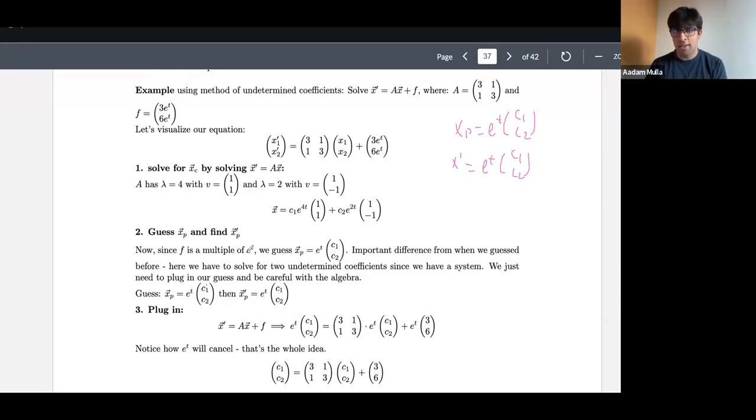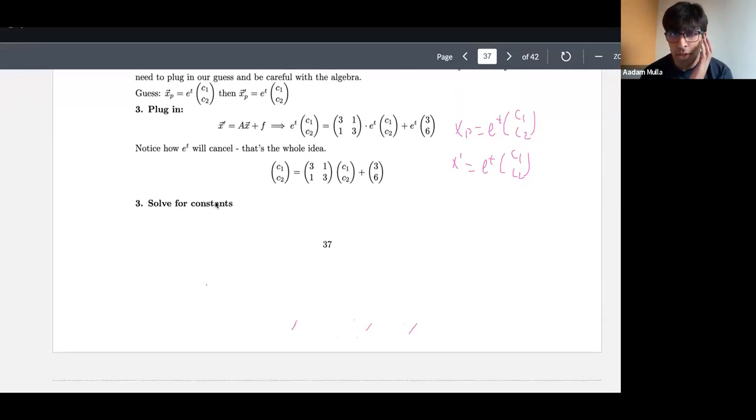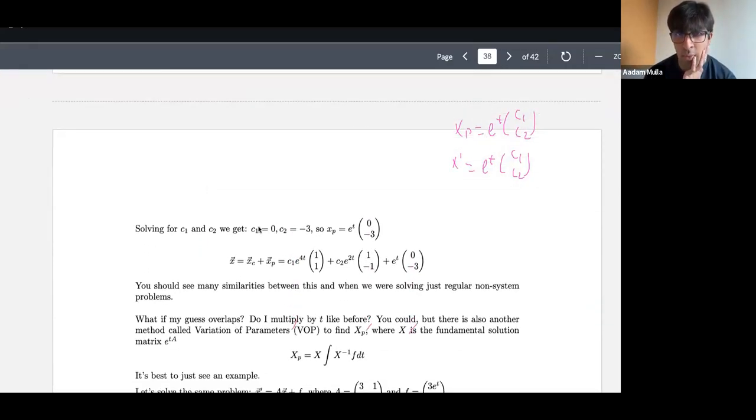Remember, our f was right here. We can factor out an e to the t and be left with 3, 6. Notice the whole point of guessing was so that these nice e to the t's cancel out. Then here's a system of equations, simple to solve for c1 and c2. Hopefully at this point that should be familiar. We solve and get c1 equals 0 and c2 equals -3.